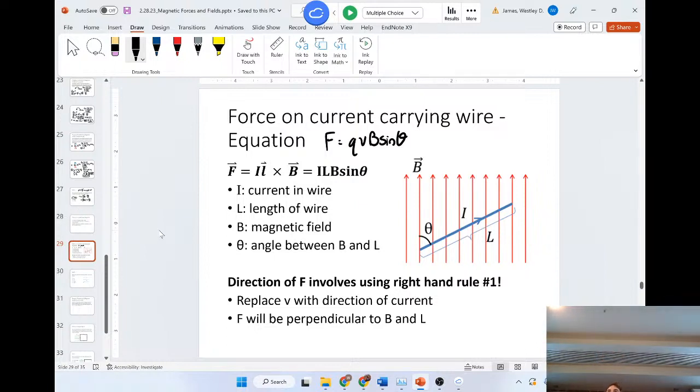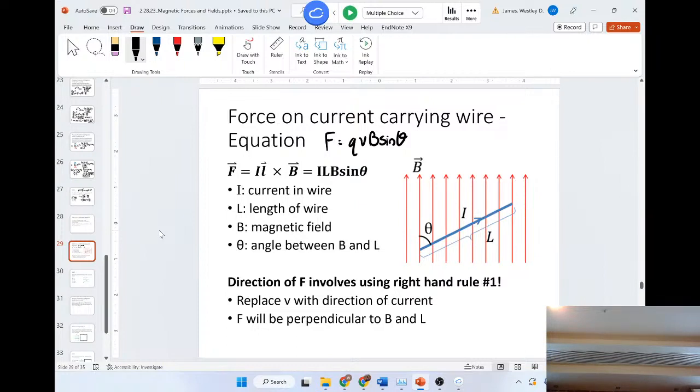Longer the wire, that literally means more charges are in that, so therefore the force is also stronger, because more charges are getting affected by it, and we still have that angle. We still use our right-hand rule, number 1, except instead of V, we have the direction of current. That's the only difference. It's the same exact rule. Just put your fingers in the direction the magnetic field goes, or the current's going, and same exact process. So, same rule. The force will still be perpendicular to it.